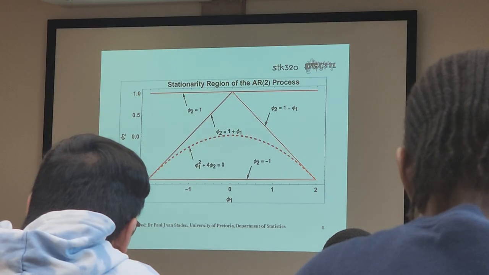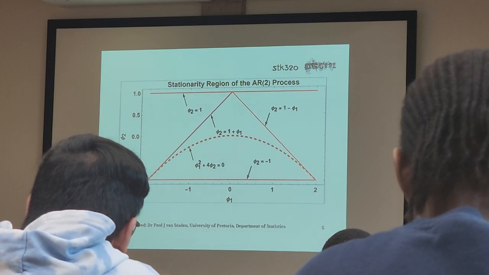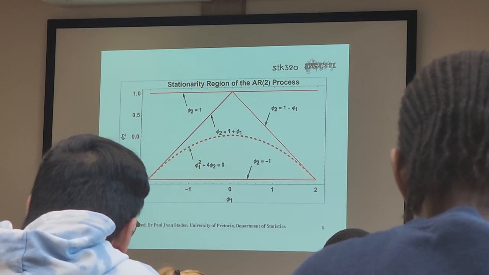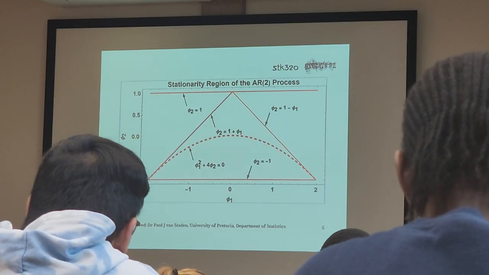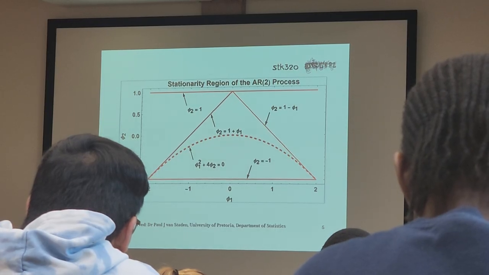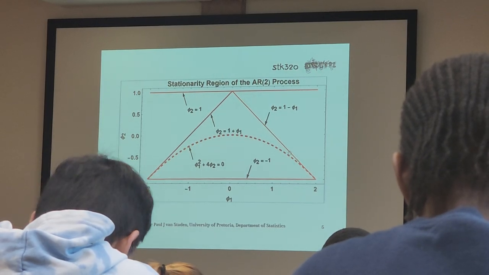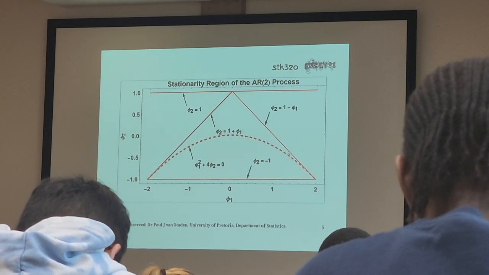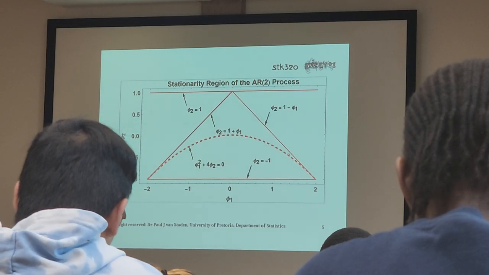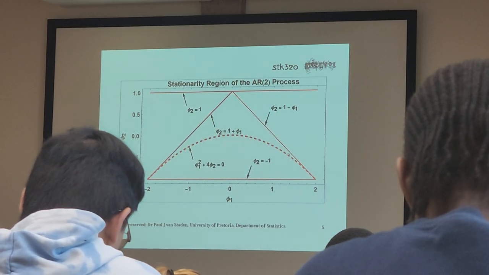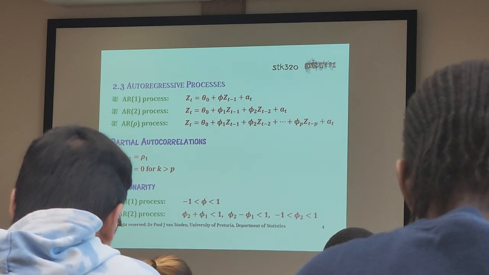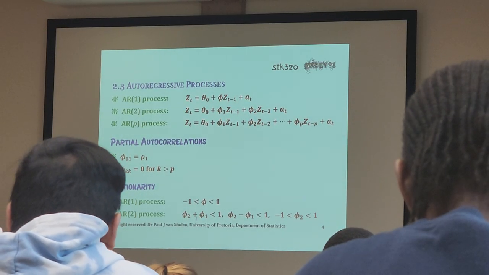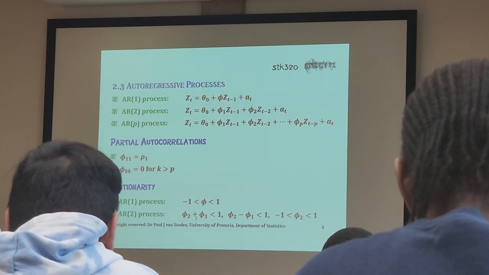And this triangle gives us the values of phi1 and phi2 for which we will have stationarity. So this line, phi2 equals 1 minus phi1, is linked to this first condition, that the sum of the phi's must be less than 1.